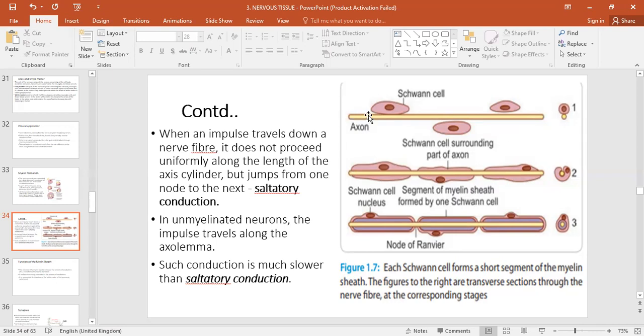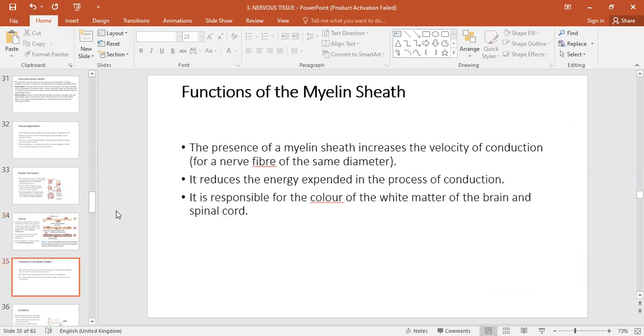This one is moving slow, while this one is jumping. So this is saltatory. And as it is in small, where it goes continuous, we call that continuous conduction. And that is very slow, only seen in small axons which lack myelin. So I've already explained the function of myelin sheath.